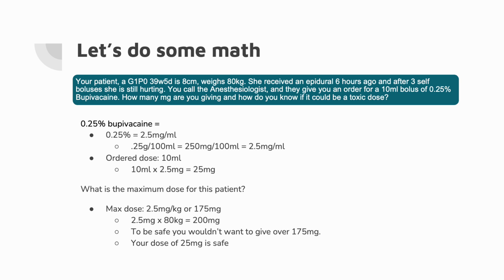They're not going to give you something that's too large, and they have standards on what they're going to give you. But this is why it's really important to not give more than what they're ordering. If you need more, then you need to call them, and typically they really need to come back and change out this epidural to make our patients more comfortable, or at least come to the bedside to troubleshoot with you.